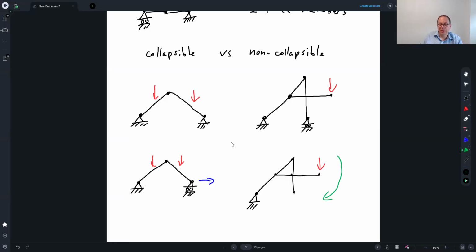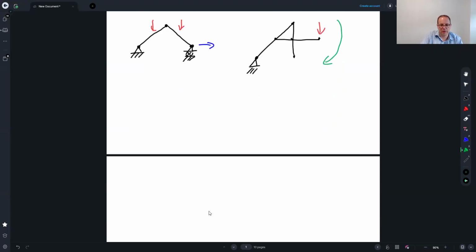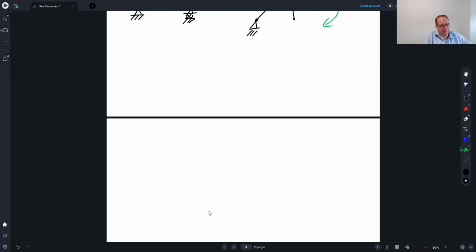And we'll see that if we want to solve these, we approach them slightly differently depending on if they're collapsible or non-collapsible. So I think what we'll do is start with the non-collapsible version. Scroll down here a little bit, give us some space.